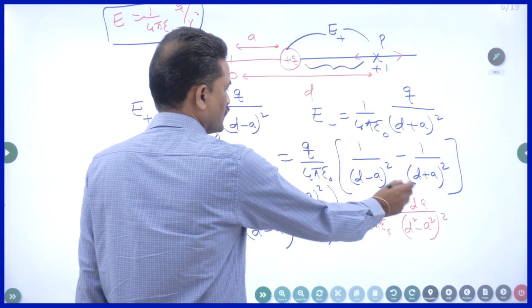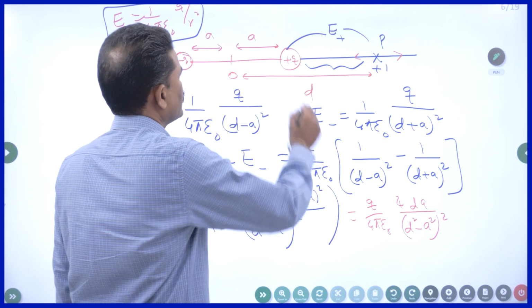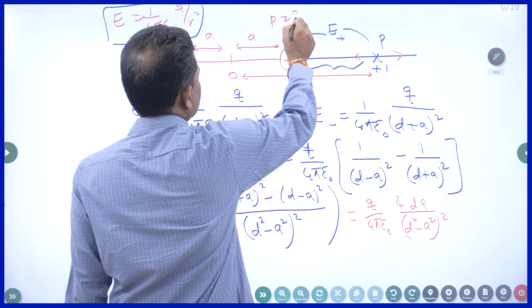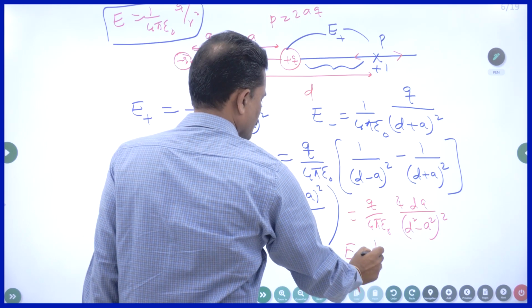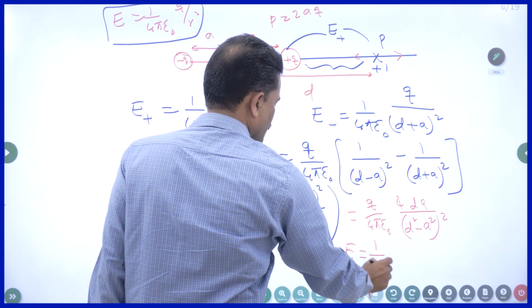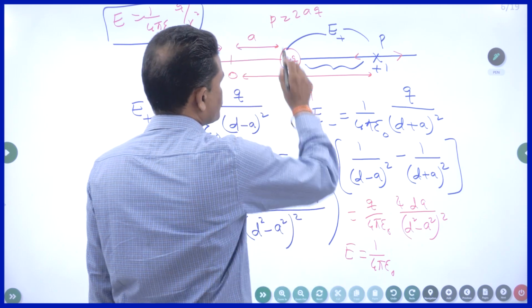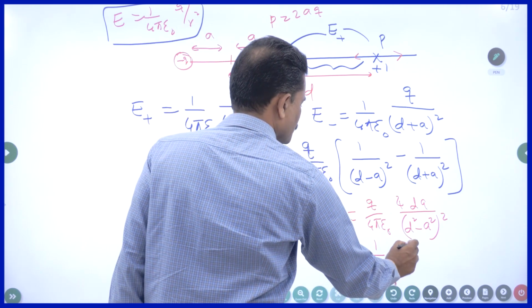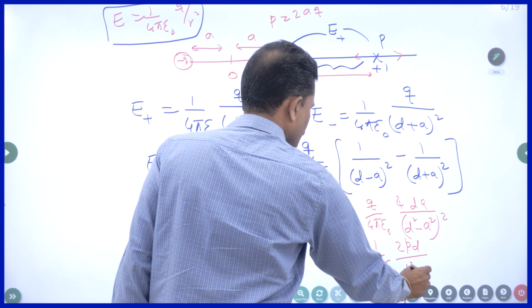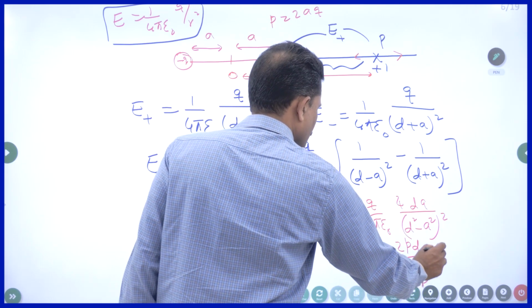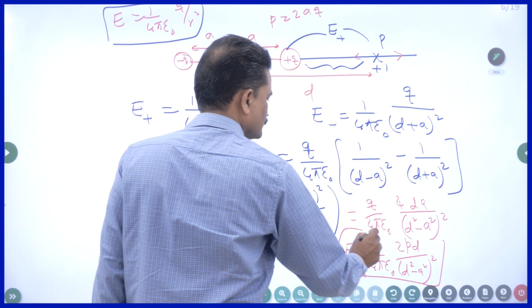So, I can write 2aq as p. So, p is dipole moment, 2aq. So, this can be written as E is equal to 1 by 4 pi epsilon naught, 2aq is p. So, this will end up with 2pd by (d square minus a square) whole square. If you write this much, you will be getting 4 marks.